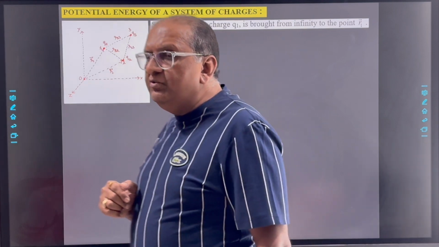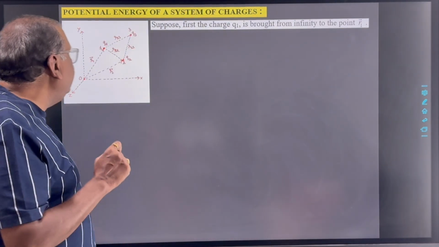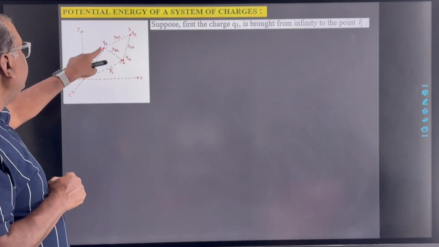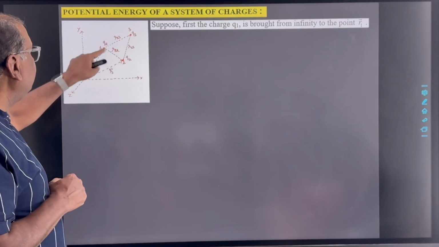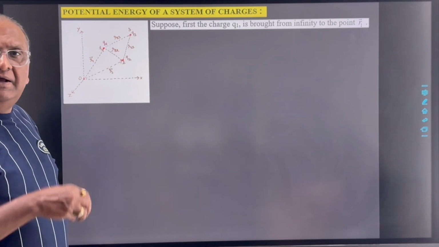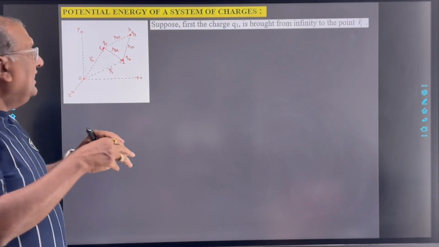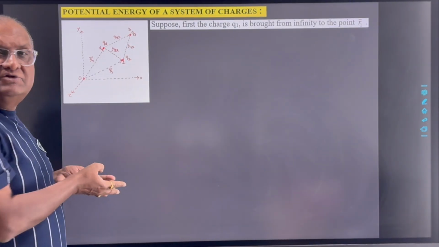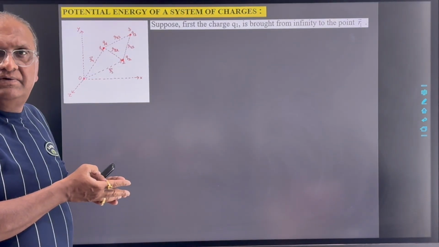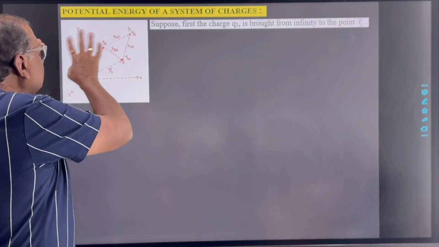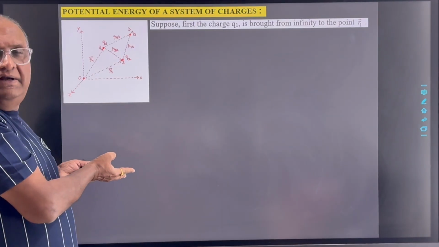Suppose charge Q1 is brought from infinity to point 1 having position vector R1. But when we bring charge Q1, at that time there is no other charge. So we can say there is no electric field.